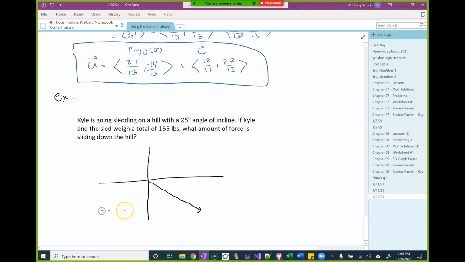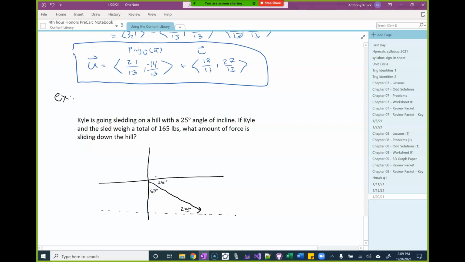Which means that this is also a 25-degree angle there. And this piece is then a 65-degree angle there. So far, so good? Okay.